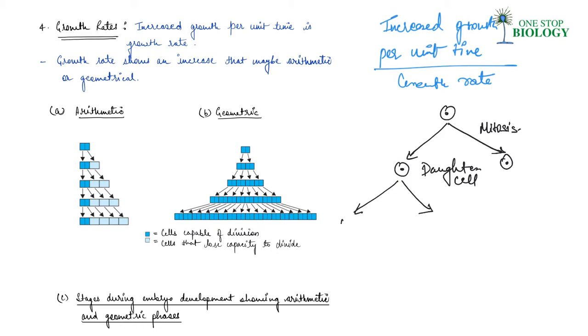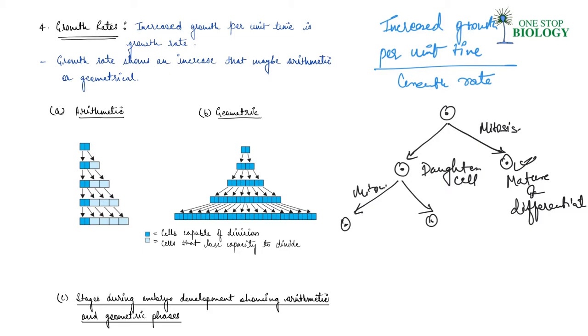One of the daughter cells will again divide into two through mitosis, and this will go on. The other one will mature and differentiate. The simplest expression that we can think of for arithmetic growth is a root elongating at a constant rate.